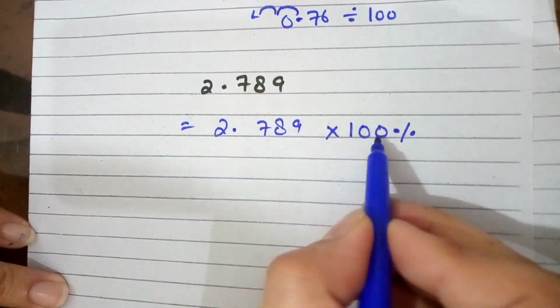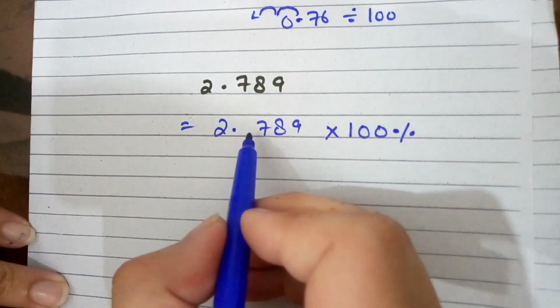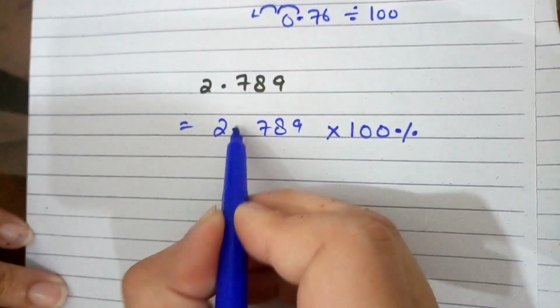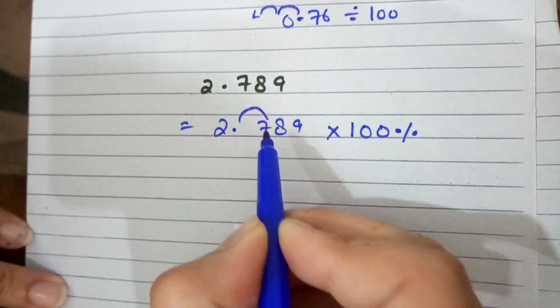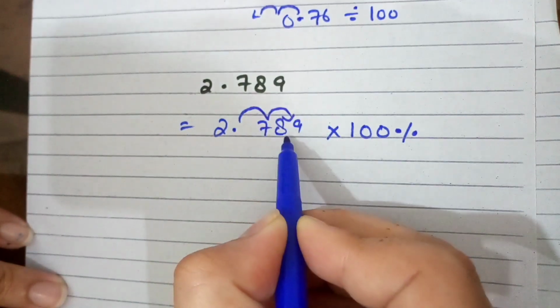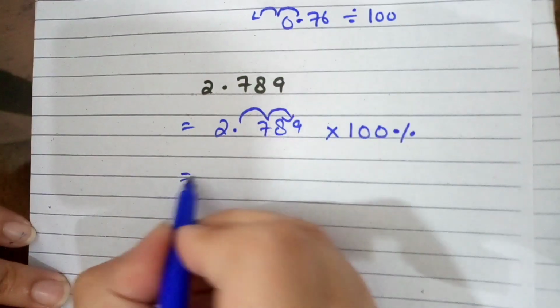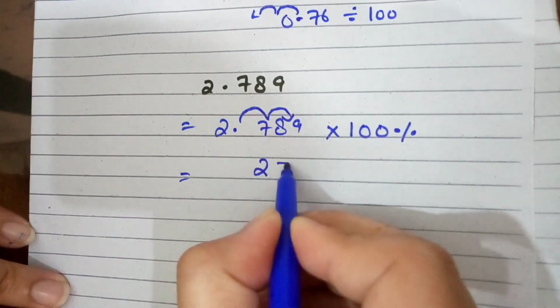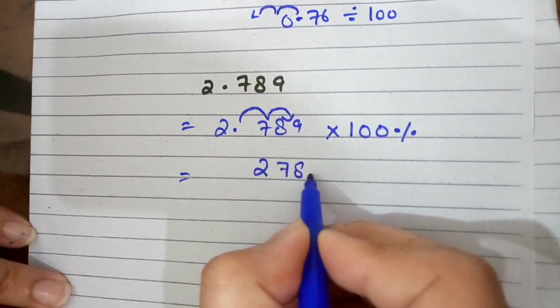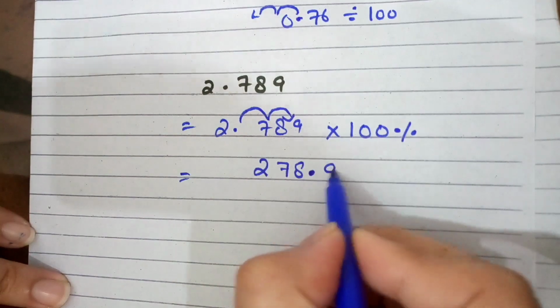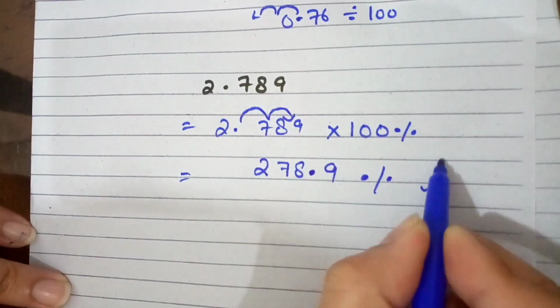Now we have 2 zeros after 1, so we shift the point after 2 digits, 1 and 2. So it is the new position of the point: 2, 7, 8, and here is our arrow, so we put the point here and 9 percent. That is our answer.